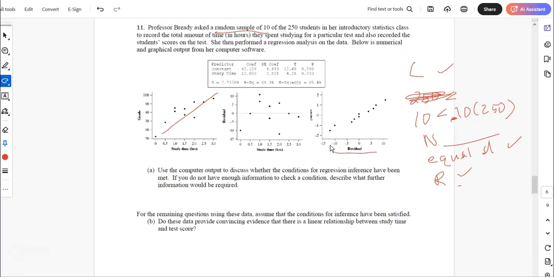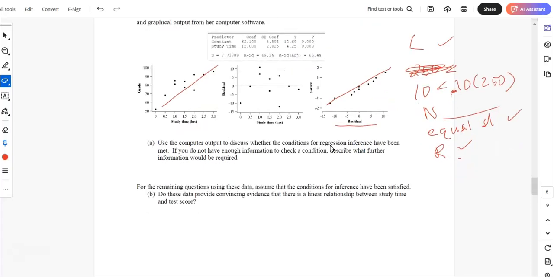It's a normal probability plot of the residuals there. Because that does look linear-ish, we're going to say that that's okay. So it's normal. It's a normal probability plot, so it does prove that condition. So it's an unusual way to do it. It's not something we're used to.